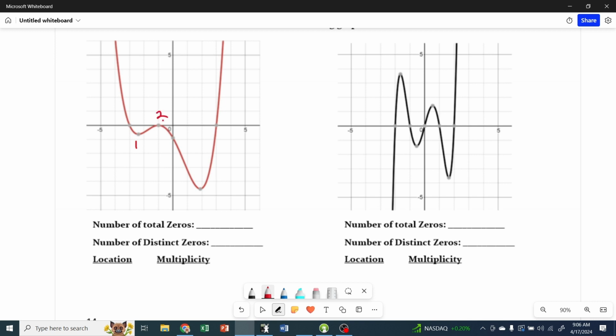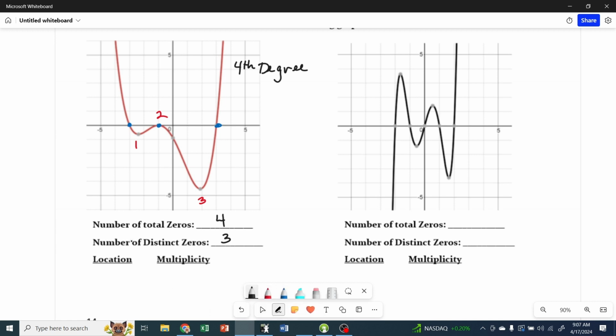Here's a peak and here's a valley. So this would be a 4th degree polynomial. So if it's a 4th degree polynomial, it has 4 zeros. Now we have a 0 here, there's 1, here's 2, and here's 3. So it only has 3 distinct zeros.